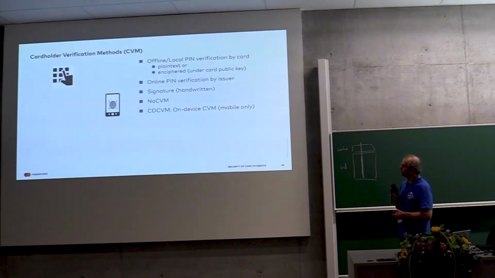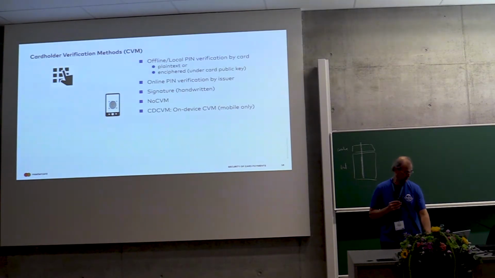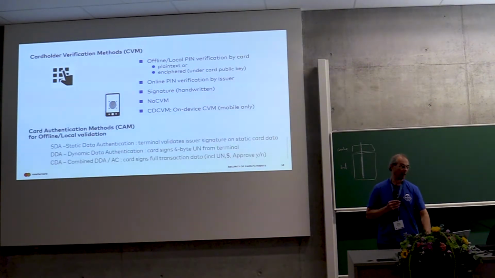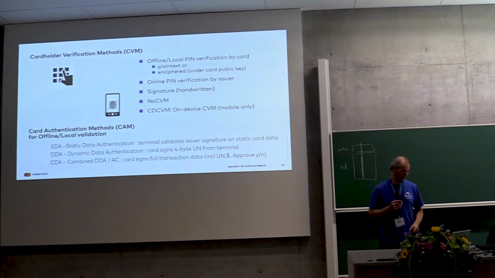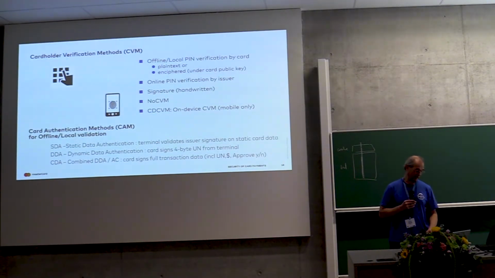So that's cardholder verification, and there's something called CD-CVM, which can be used for mobile transactions. That's about to be a fingerprint or some such on your phone. For offline CAM, I already mentioned that is using RSA, and there are 3 flavors. We normally only use DDA and CDA nowadays because SDA is static and can just be skimmed and replayed.